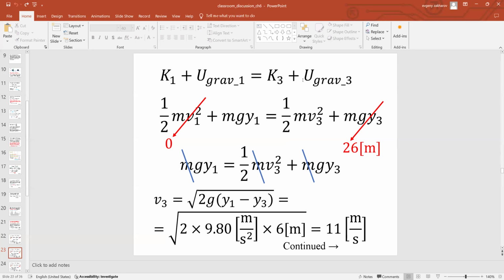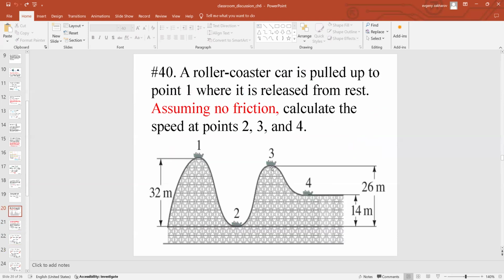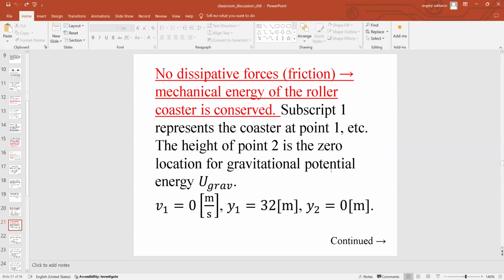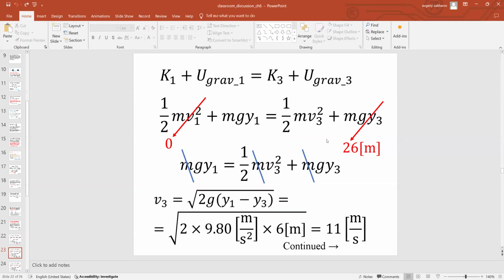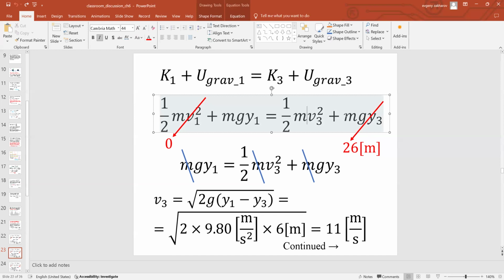Then it's the first versus the third point, k plus u equals k plus u. The first one was the 0. And for gravitational potential energy for point 3, we have 26 meters. It's given. It's right there at point 3. You are at 26 meters. So you still have some kinetic energy and some potential as well. So you're going to go slower. You go uphill, you slow down.